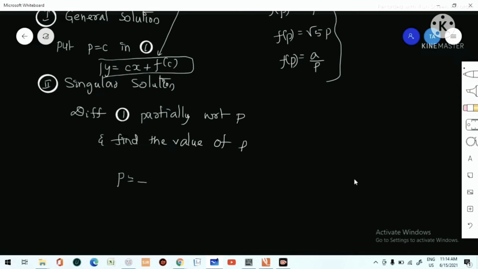That means I'll get some value of p there. After getting the value of p, call this equation number 2, and substitute 2 in 1.